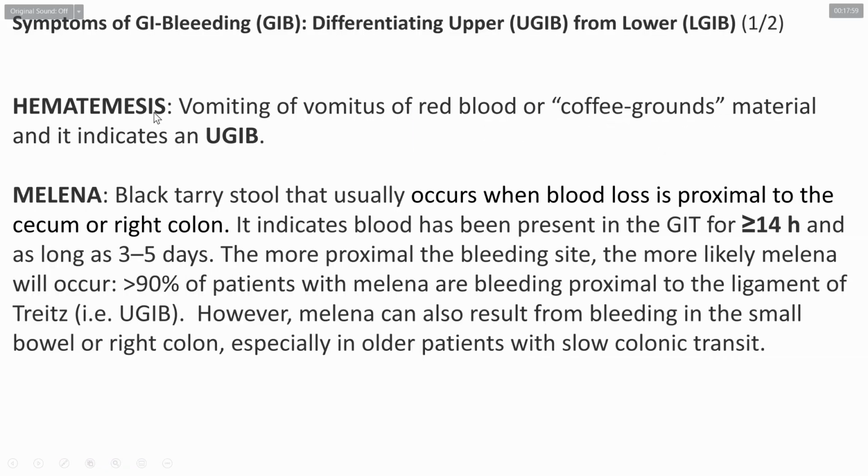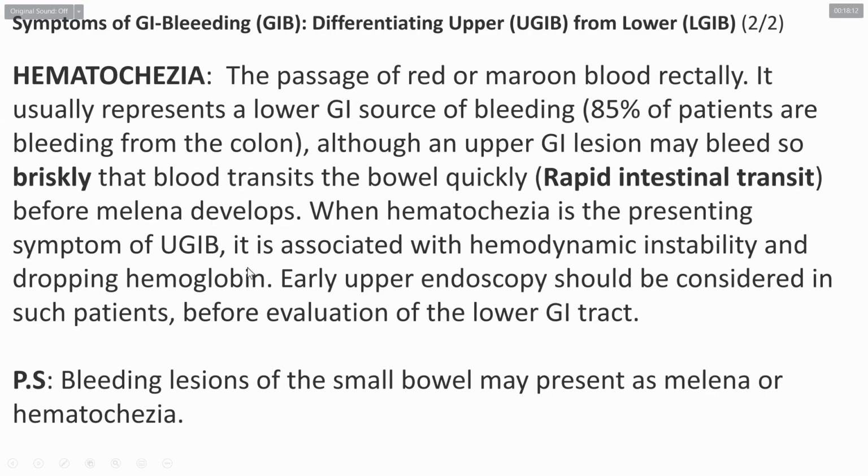But what symptoms? Hematemesis indicates upper GI bleeding. Melena usually indicates upper GI bleeding. It takes more than 14 hours to develop, but around 10 to 15% it can be lower. If you have hematemesis and melena, it's upper. If you have melena alone, it is very likely upper, but in rare circumstances it could be lower.